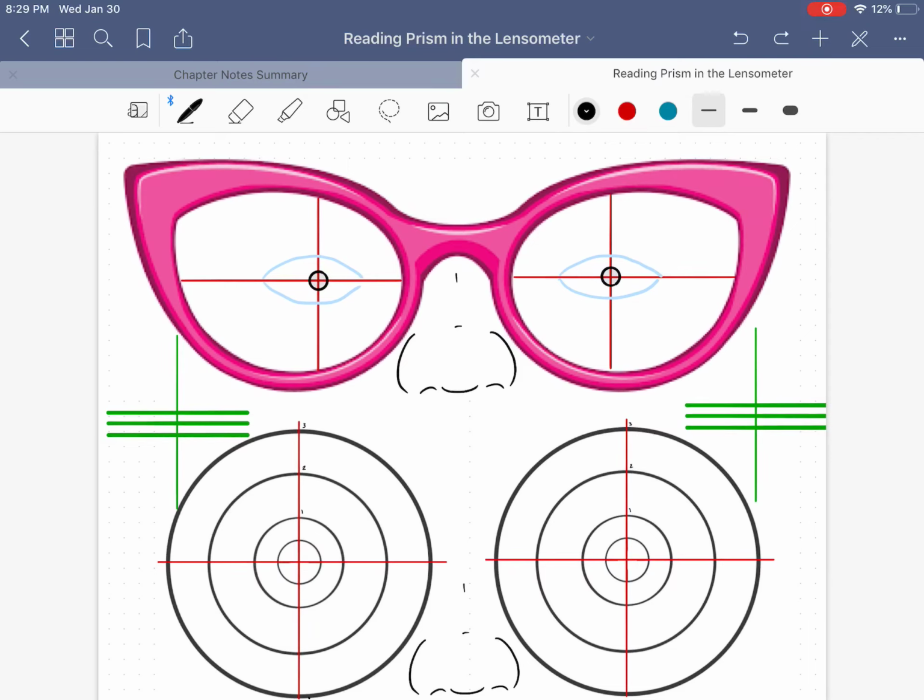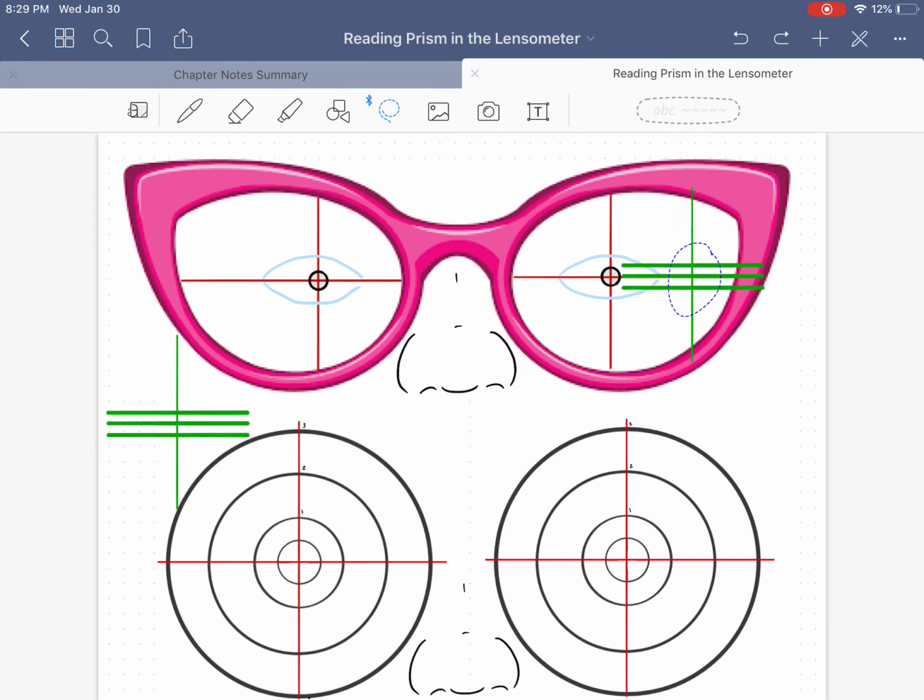All right, so also all of that relates directly to this as well. Remember, this was right on the center, and we're on the left eye here. We're right on the center, there's no prism. That's equal to the center of this target, right? So remember, if we move up, base up, what that looks like here is we have it here and we go base up along that line, or base down, or base in, or base out.